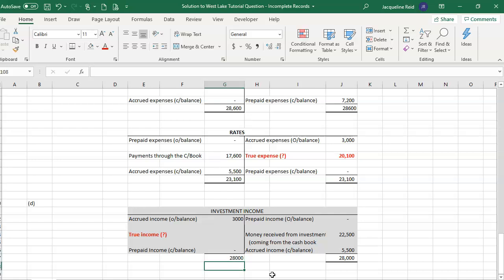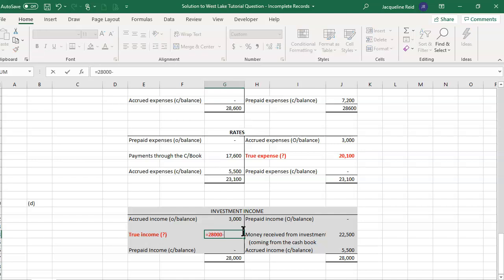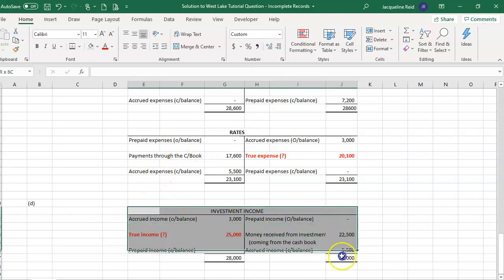And that total must be 28,000 to match the credit side. So our true income is 28,000 minus 3,000. So our true income is $25,000. So that wraps up part D of our question.